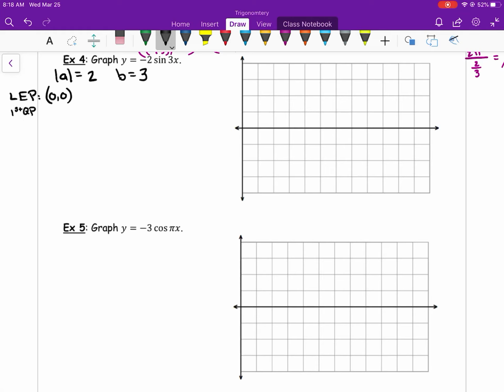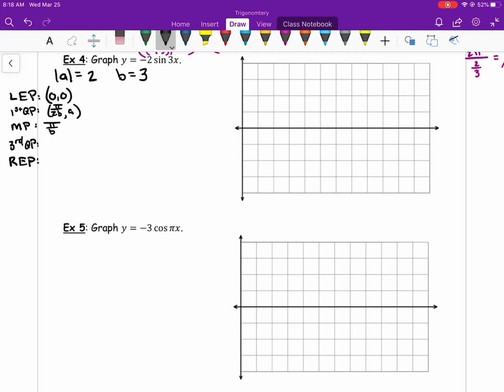My first quarter point, then we'll do our midpoint, then we'll do our third quarter point, and then our right endpoint. So first quarter point is pi over 2b, a.